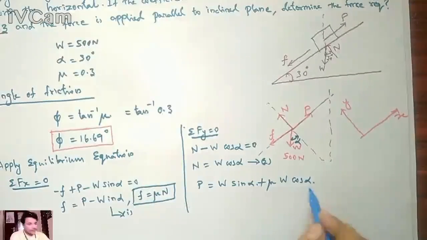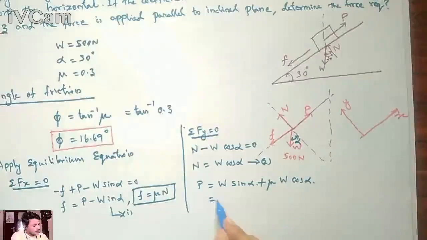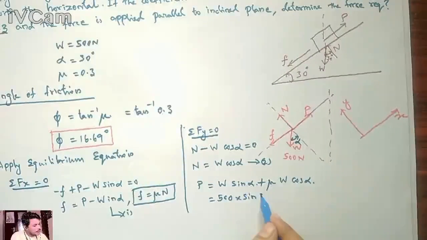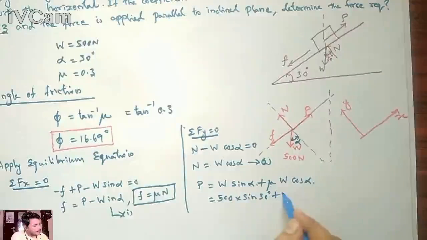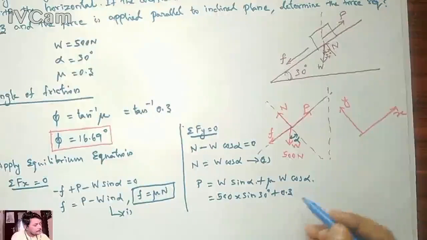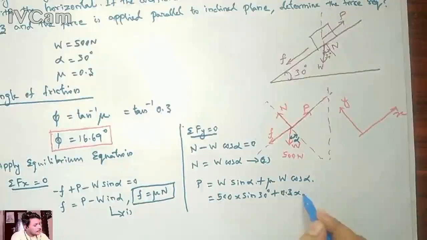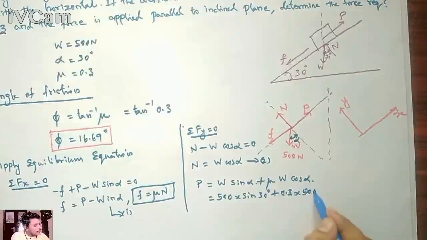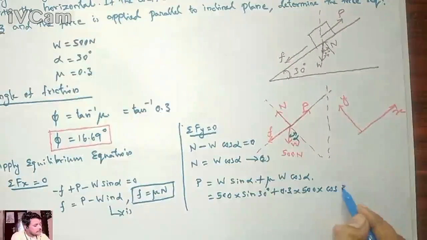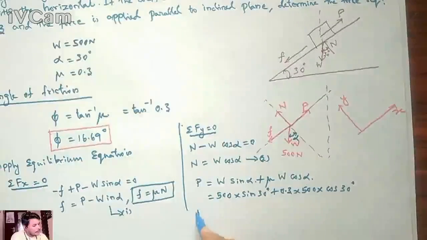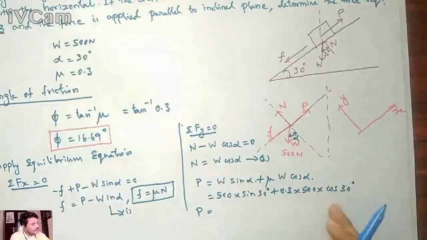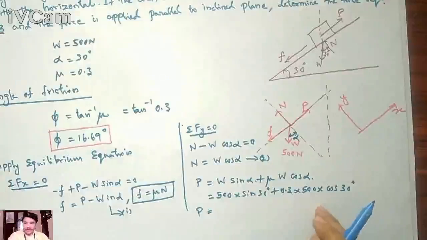Right. So from that, you know the values, you can substitute directly. W 500 into sin 30 degree plus 0.3 into 500 into cos 30 degree. So you substitute the values, you will get the P value.